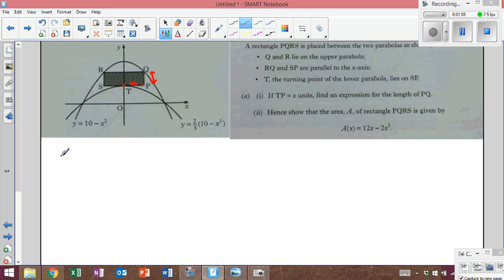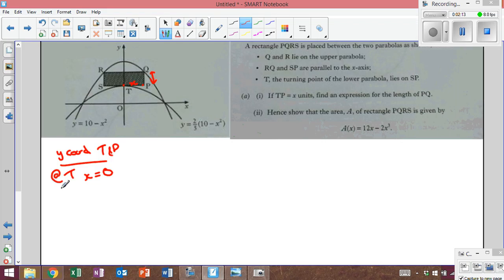Okay, so the y coordinate of T and P, well, T is on the y-axis. So for T, x is 0. At T, x is equal to 0.